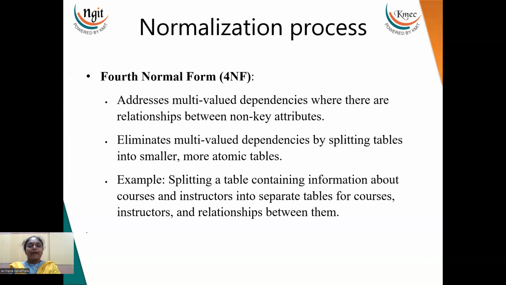Now, the next one is fourth normal form. Fourth normal form obeys the concept of multi-valued functional dependency, which indicates that there mustn't be multiple values provided to the attributes.